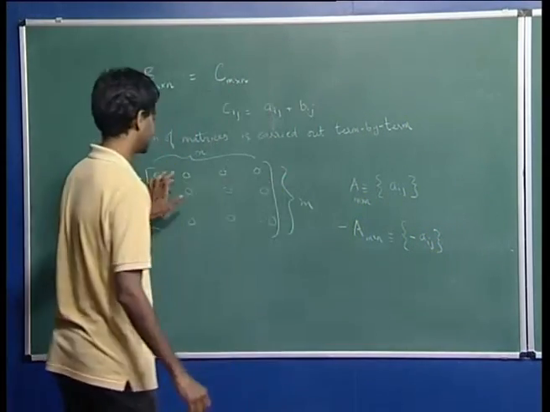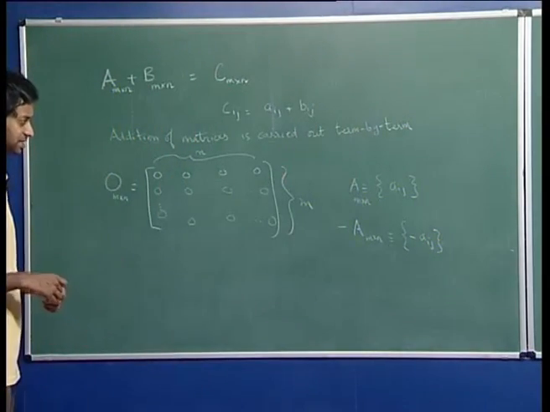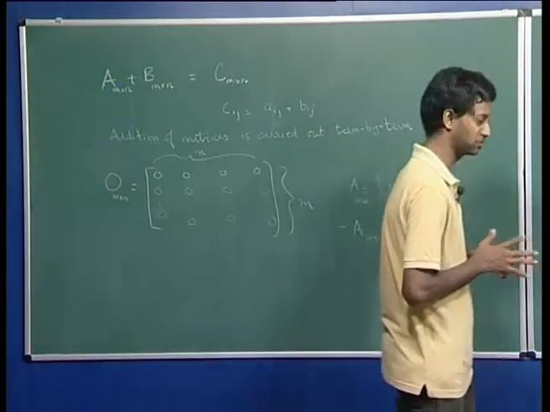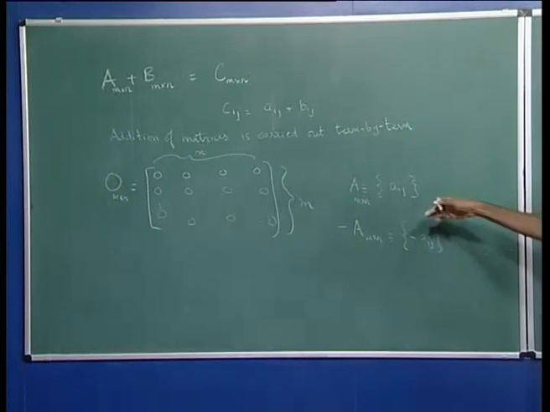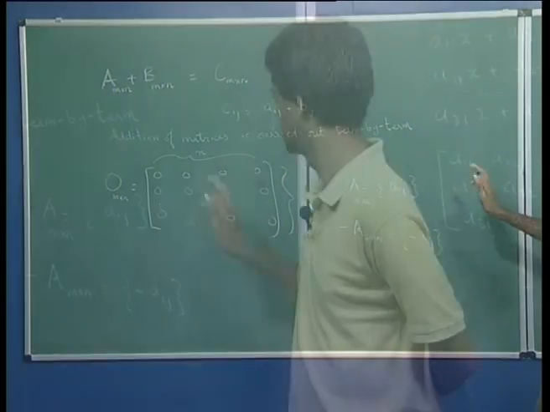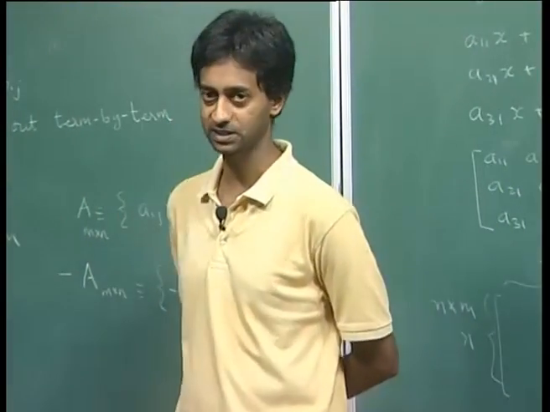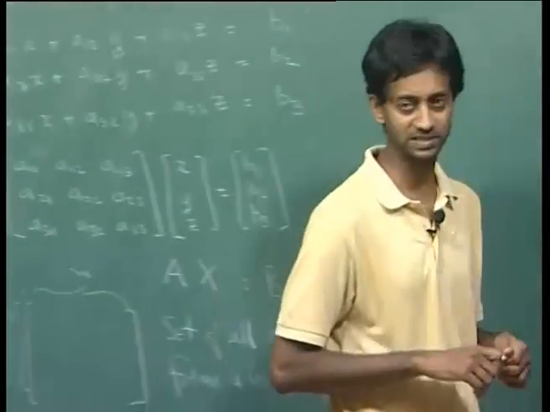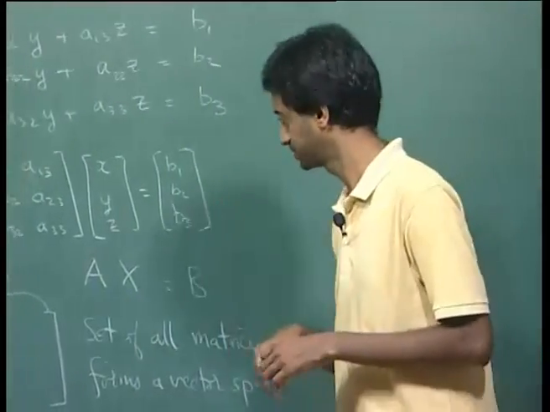So you just take the negative of each of them. Just as you had vectors and the negative of a vector, you can have a matrix and the negative of a matrix. And this should be obvious, because a vector is a special case of a matrix with just one column.